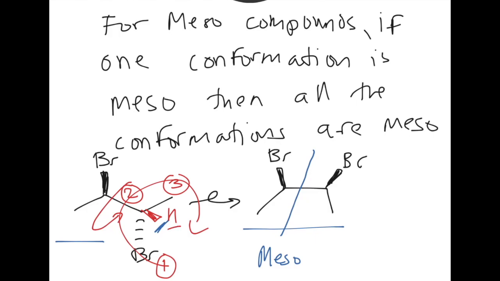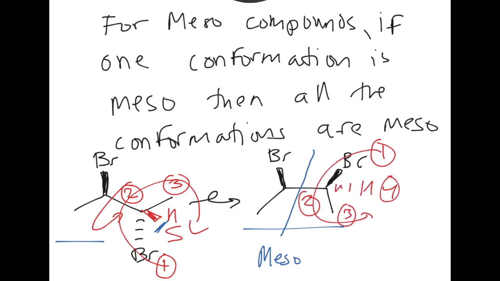It's S. It looks like it's R, right? It looks clockwise, but the low priority group's pointing at me, so I have to switch it. So it looks R, but it is S. And then over here, I can check 1, 2, 3. Hydrogen is back, 4. So this is also S.